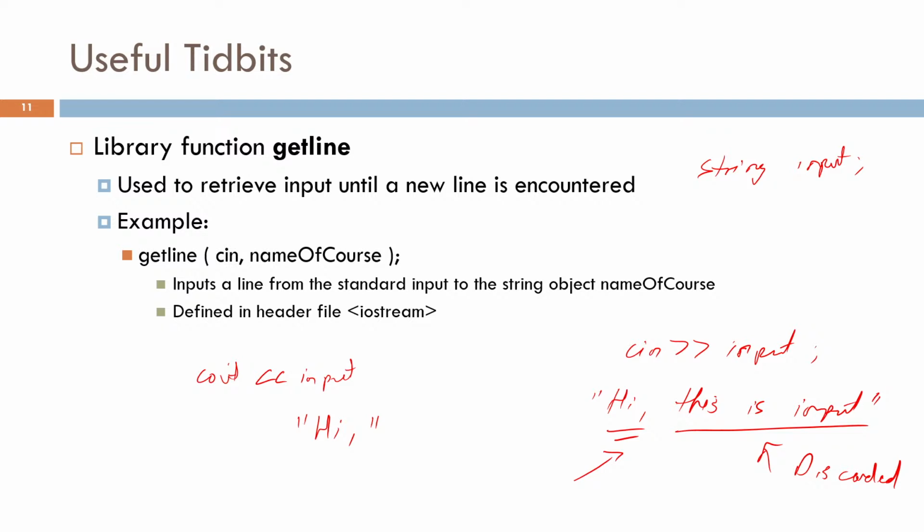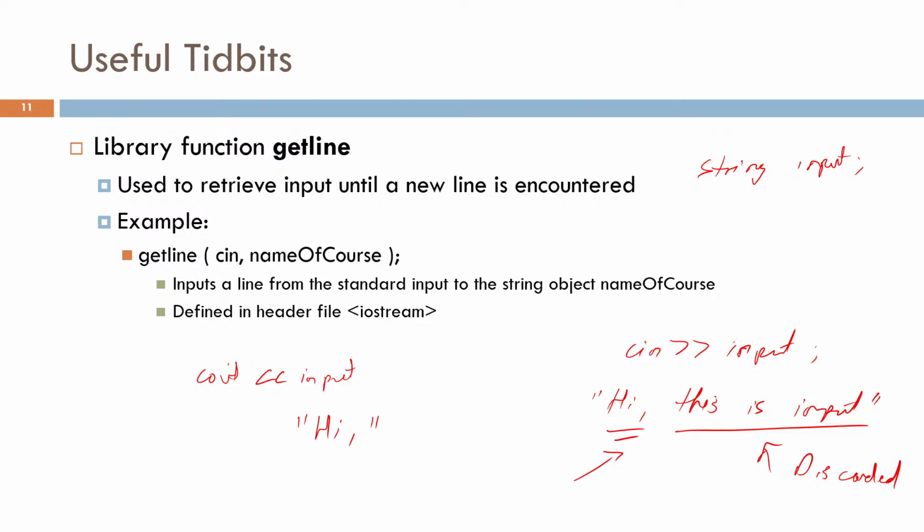Anything before the space you will get, anything after the space is just going to be discarded entirely. And that's why you should not be using cin for character inputs from your keyboard. When you use getLine, however, getLine will get the entire character input. So it will get entirely hi, this is input, with all the spaces and so forth. So make it a habit to use the getLine function instead of the cin function to avoid this error.